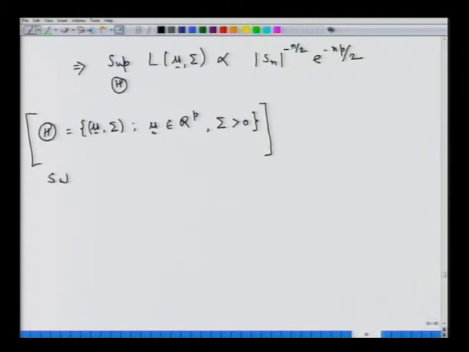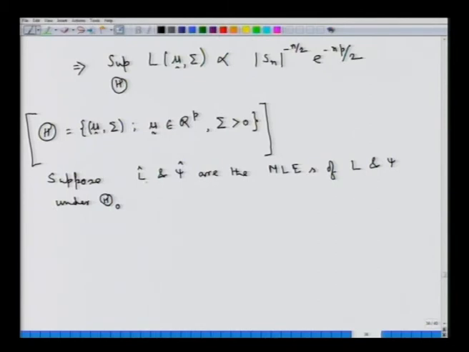Now, suppose L hat and psi hat are the maximum likelihood estimators of L and psi under script theta naught. Now, how are we going to obtain this L hat and psi hat? That is using the method of maximum likelihood estimation that we have just now touched upon.